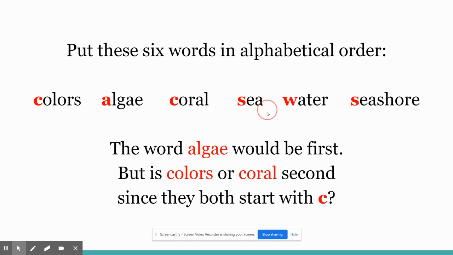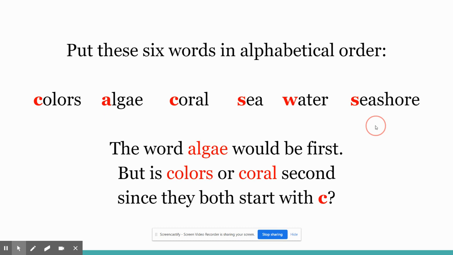So scholars, the word that has no more letters, right? This one doesn't have a fourth letter. So sea would come before seashore because SEA and then no more letters comes before SEA and another letter. So sea would be before seashore.